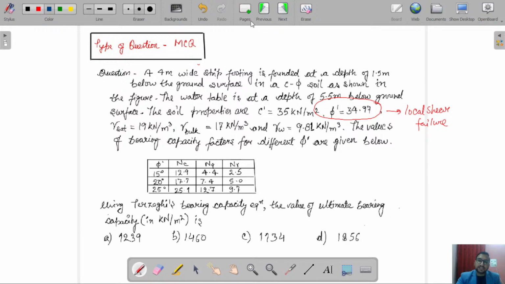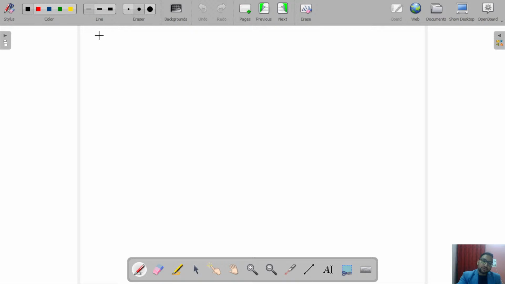So what are the modified C and phi values for local shear failure? We have to use modified C and phi value.